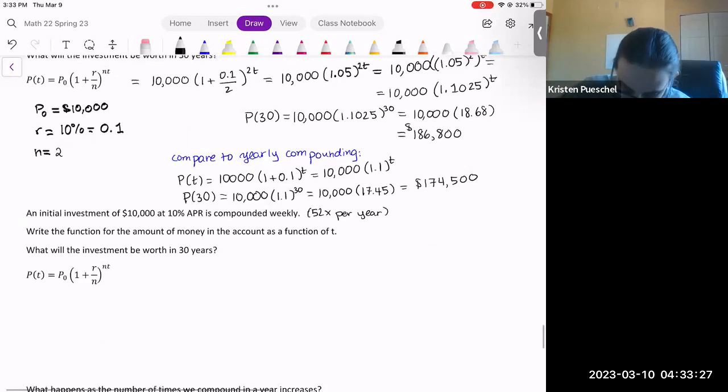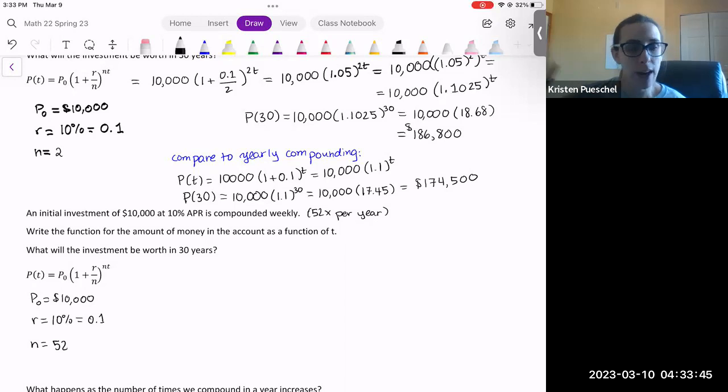So we have this same initial investment of $10,000. Our yearly rate is the same, 10%, or 0.1. Now the number of compounding periods that we have in a year is 52. Every week we figure out how much interest we made and we get that interest back.